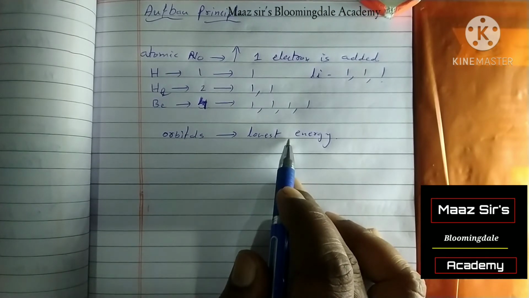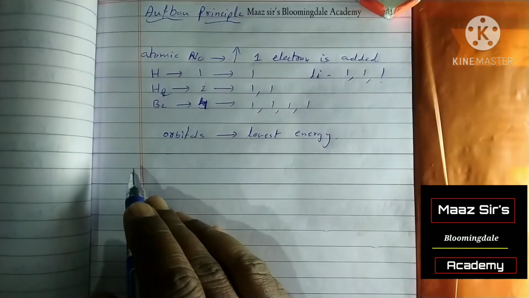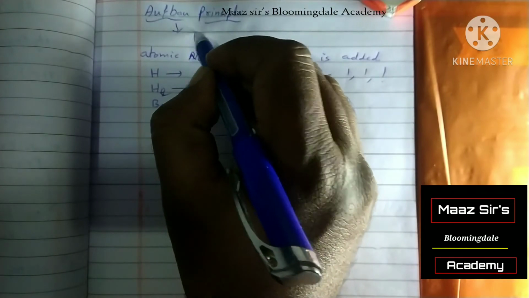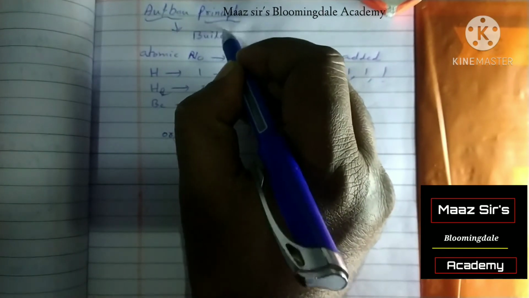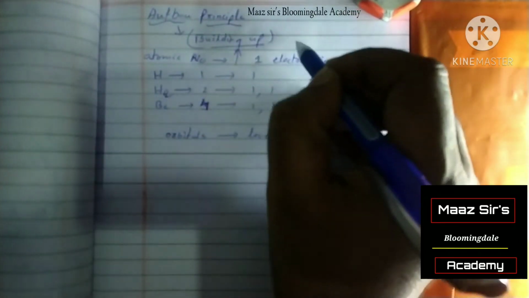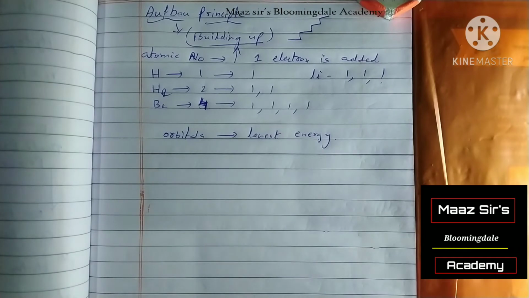Like this, the building up of the electronic configuration takes place. So that's why Aufbau represents building up. Aufbau means building. So gradually the electrons are increasing, so the atomic number is also increasing.